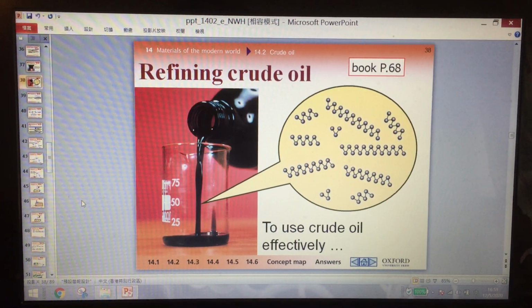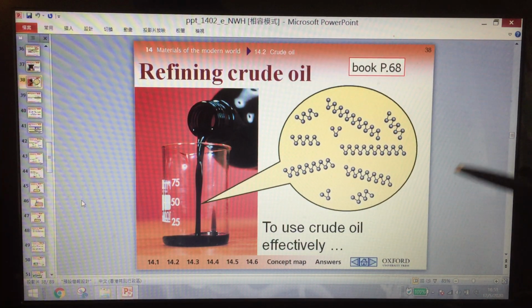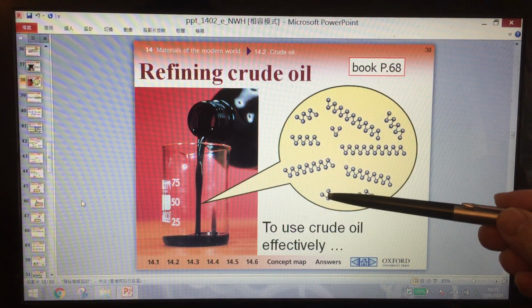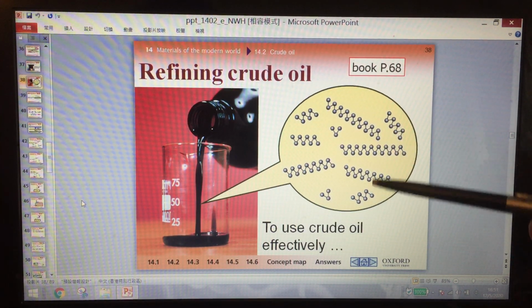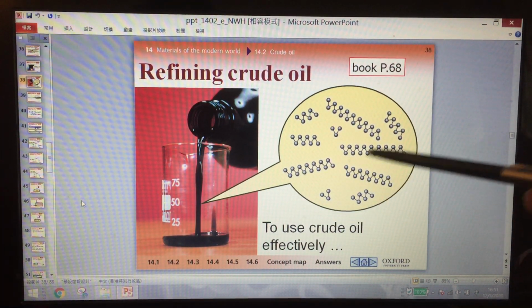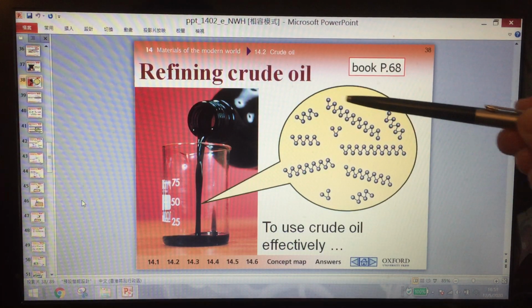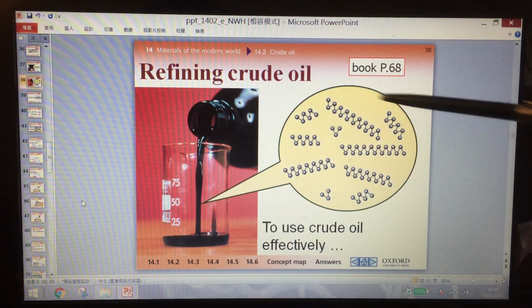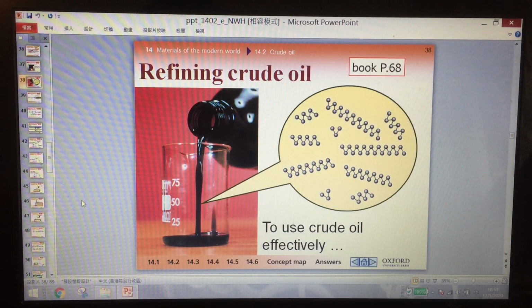Okay, if we take a look at the crude oil, it is a mixture. You can see very small molecules, medium size, and very large size molecules mixed together. All of them are hydrocarbons.